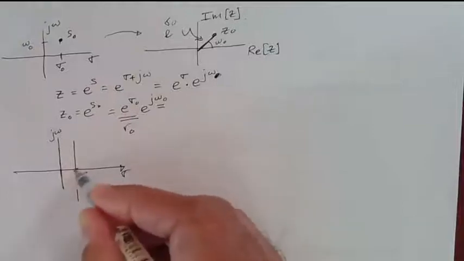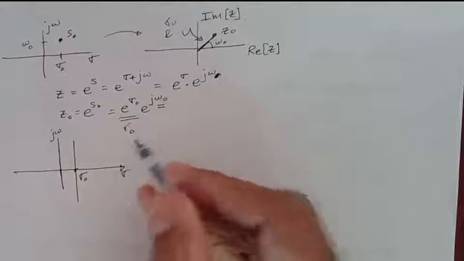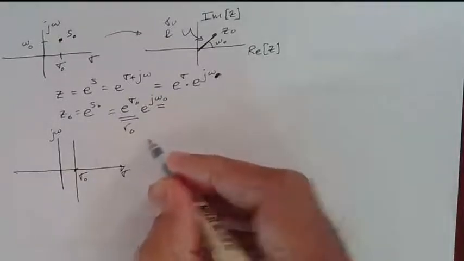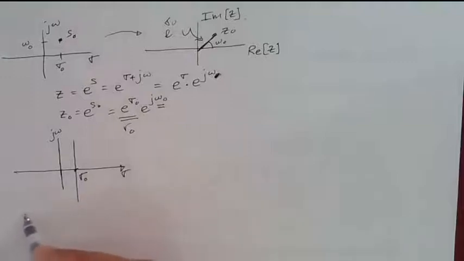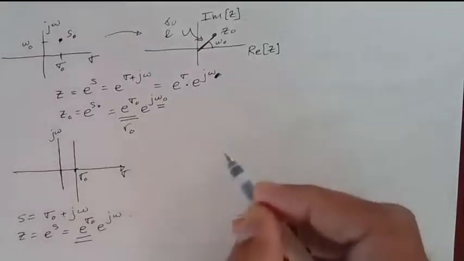We fix sigma to be equal to sigma 0, and we let omega change all over the place. Now if I come to this side, here I have S is equal to sigma 0 plus j omega. Then Z will be equal to e to the S, which is equal to e to the sigma 0, e to the j omega. So the distance is fixed at e to the sigma 0, but omega can change all over the place.